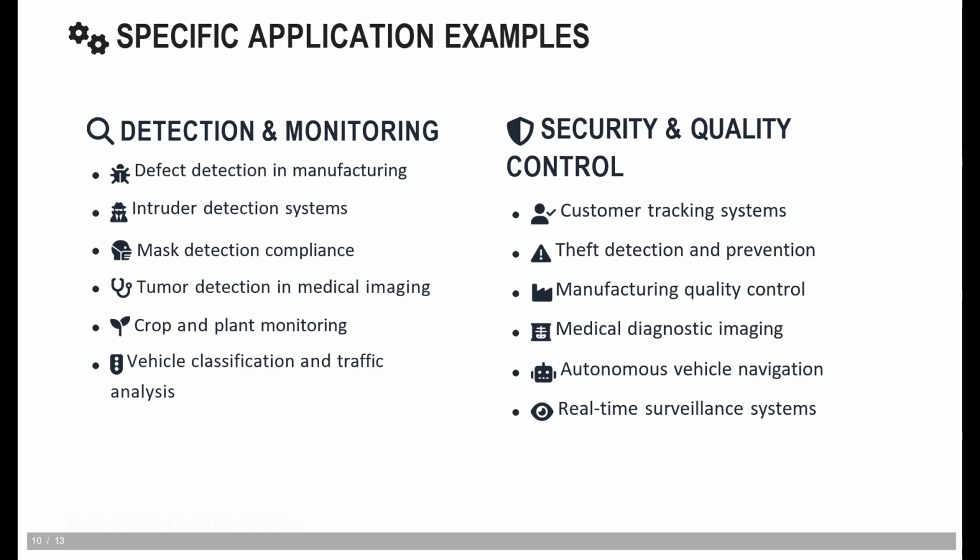Computer vision is being used in different medical fields. Crops and plants monitoring: many of my friends are doing postdoctorates in crop monitoring and disease prediction. Vehicle classification and traffic analysis. Can you give an example of vehicle classification and traffic analysis? Anyone?